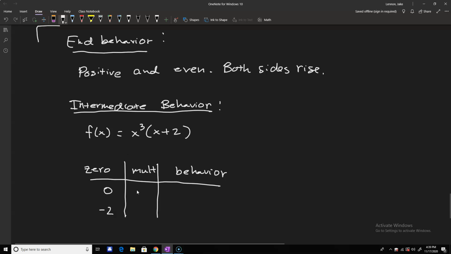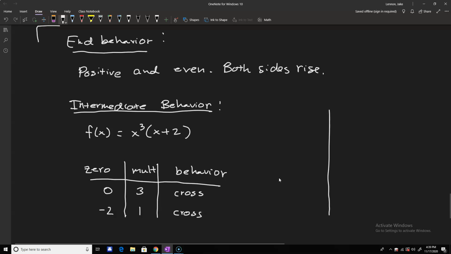So the x is raised to the third power, so that has multiplicity 3. The x plus 2 is just raised to the first. And if the multiplicity is odd, then it's going to cross at each of those. If it were even, it would bounce off the x-axis there. But for both of these, it crosses.